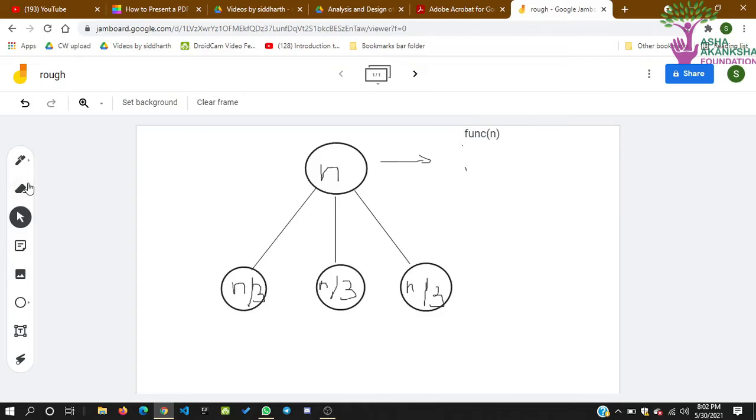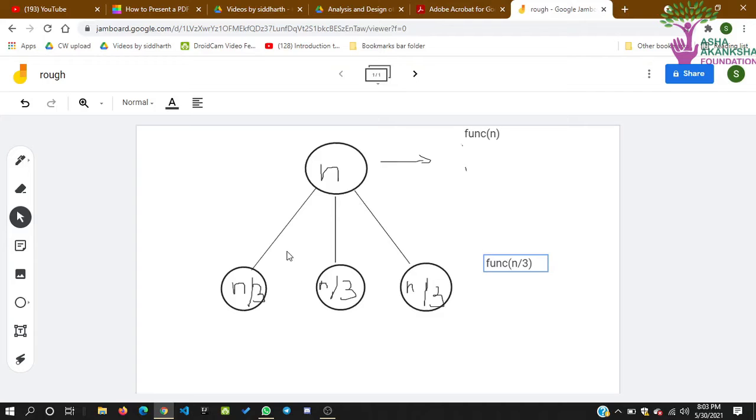In that function call the problem is being divided into three subproblems, and func(n/3) is being called three times. So you can see that the main problem is being divided into three subproblems. That is, the main problem is being distributed into three parts.